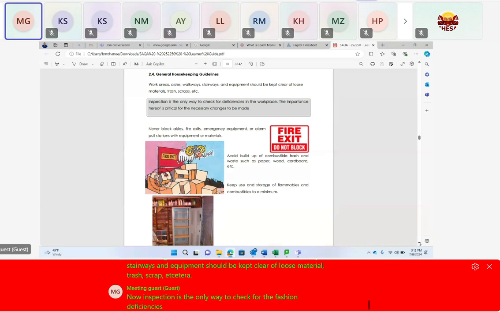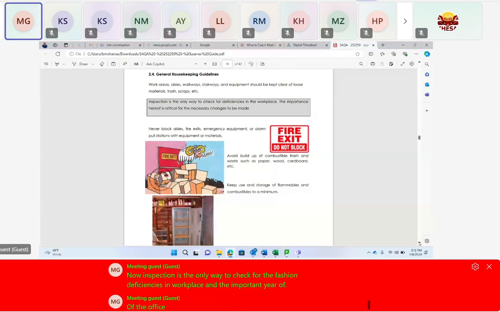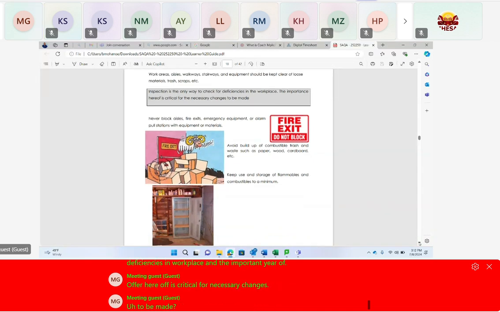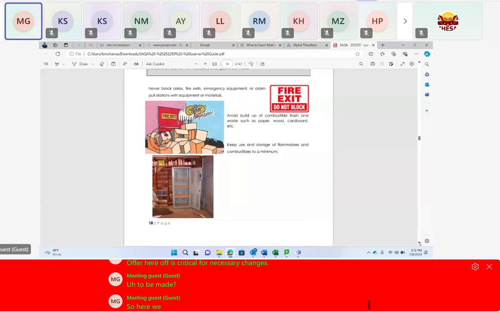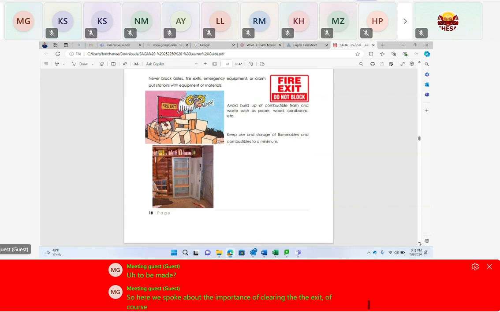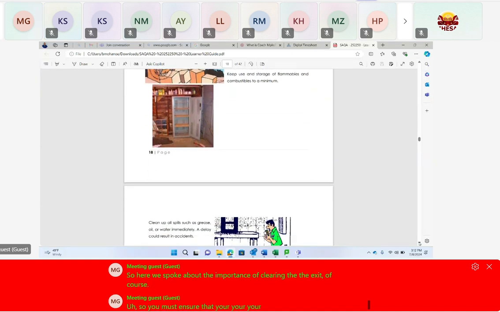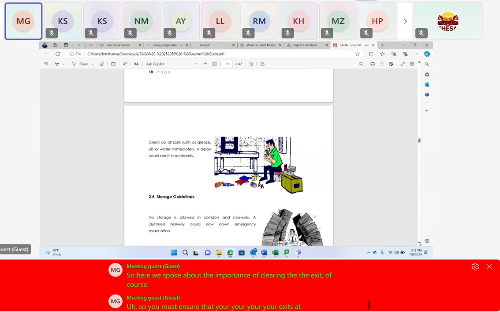Now, inspection is the only way to check for deficiencies in the workplace, and its importance here is critical for necessary changes to be made. Here we spoke about the importance of clearing the exit, of course. So you must ensure that your exits are clear.